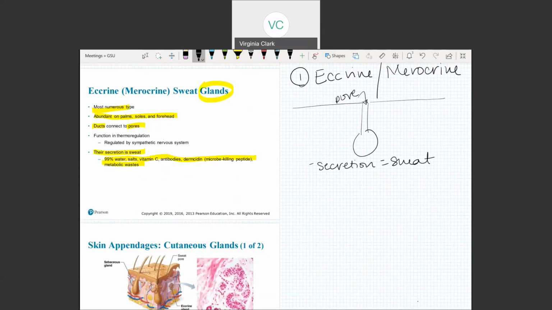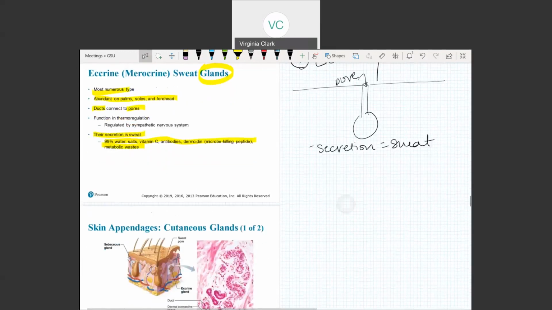But the primary thing here with the secretion of this sweat is that it is going to be made up of 99% water with a couple other things. So that's interesting. It's also going to be acidic. The pH of sweat will range from 4 to 6. So it's going to be on the acidic side.